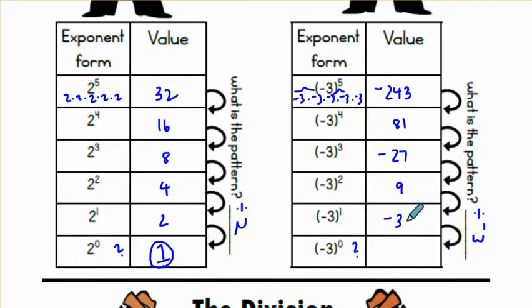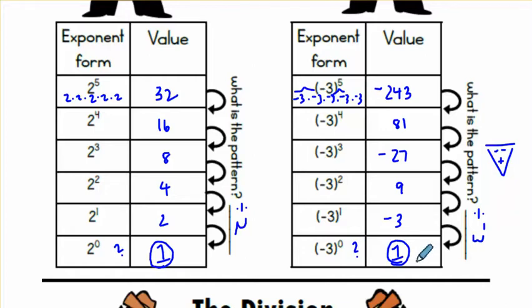So if you continue that pattern, negative 3 divided by negative 3, remember your integer rules, a negative divided by a negative is a positive, and negative 3 divided by negative 3 is going to be 1. So we have just proven with patterns that no matter what base you start with, whether it's positive or negative, when we get to the 0 power, it's 1.